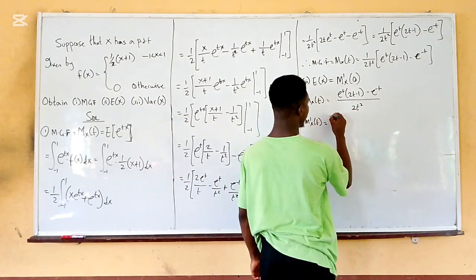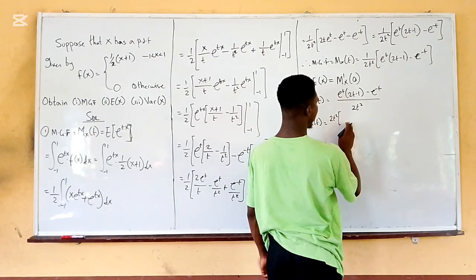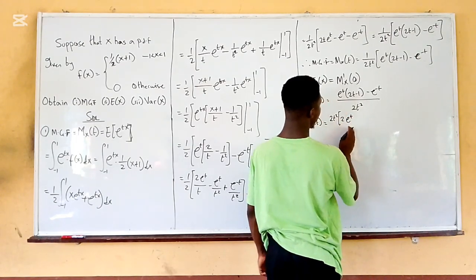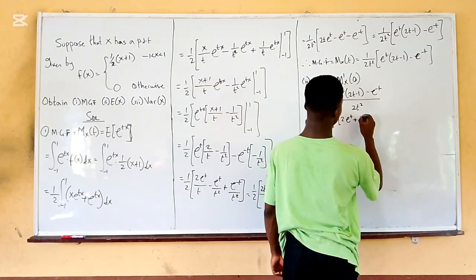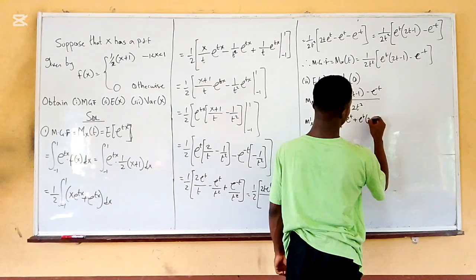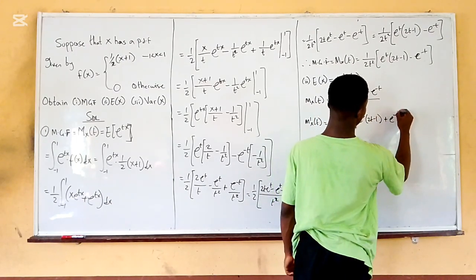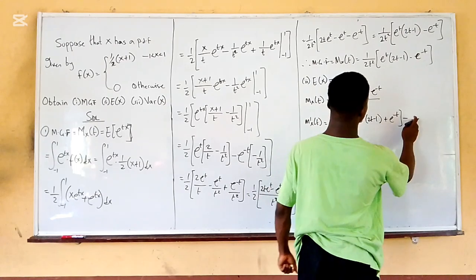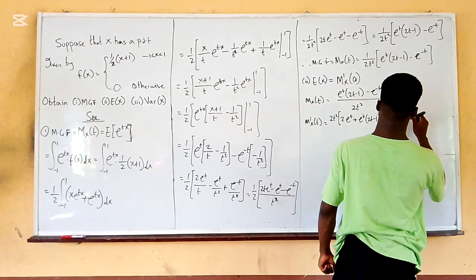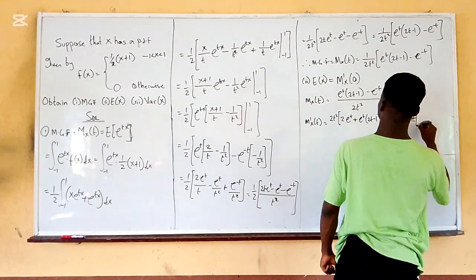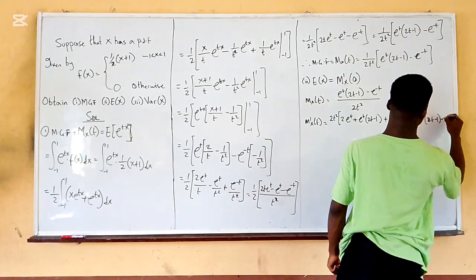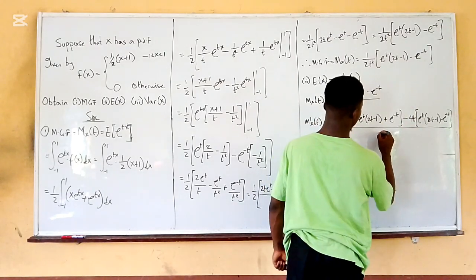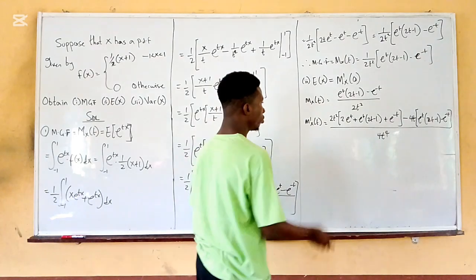If I differentiate, I'm going to have 2t squared into bracket, 2 exponential t plus e^t(2t − 1) plus e^(−t), minus 4t into bracket e^t(2t − 1) minus e^(−t), all over 4t raised to power 4, using your normal quotient rule.